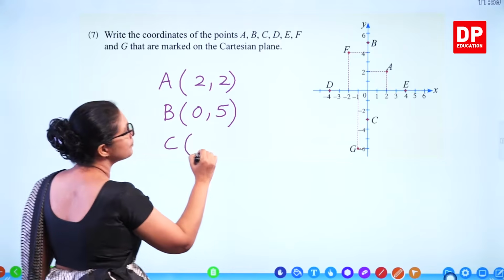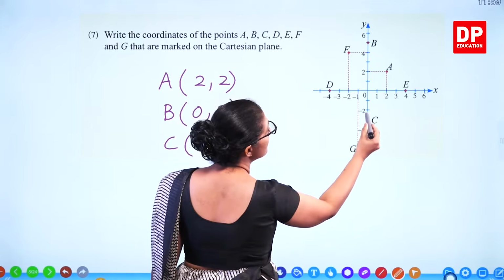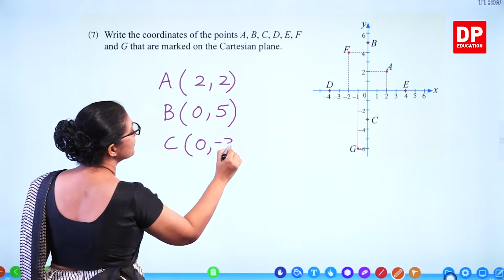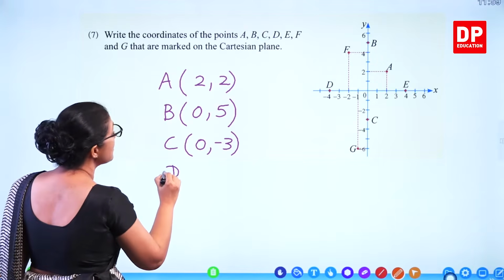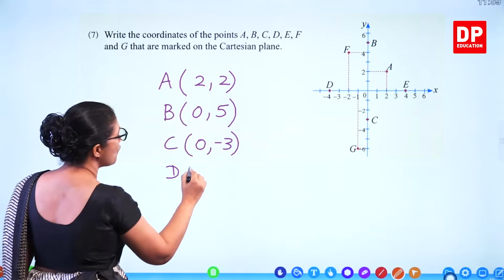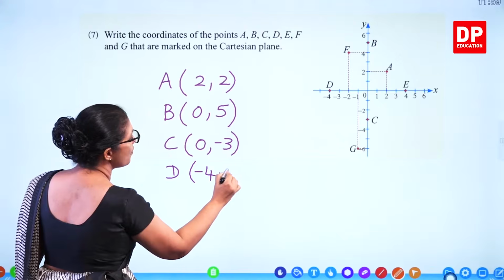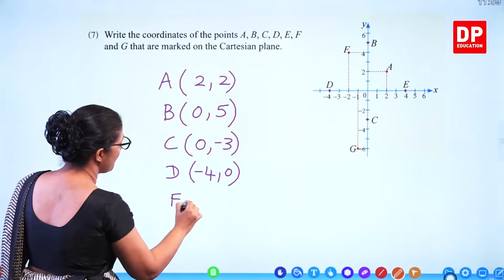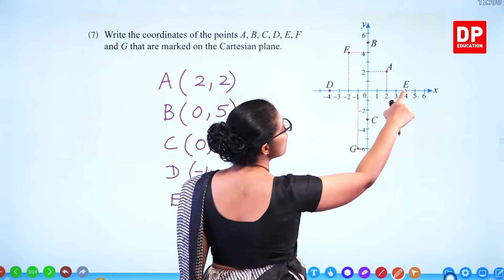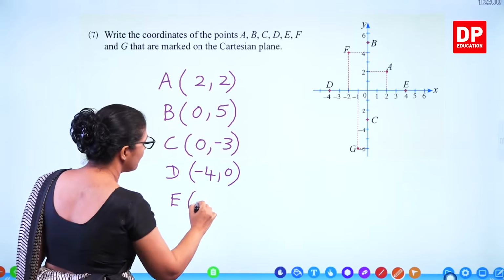C, here 0 with -3. D, this one, so that's -4, 0. E, E is this one, 4, 0.